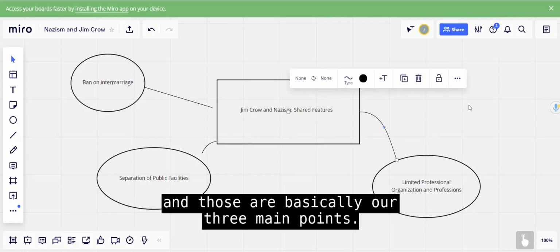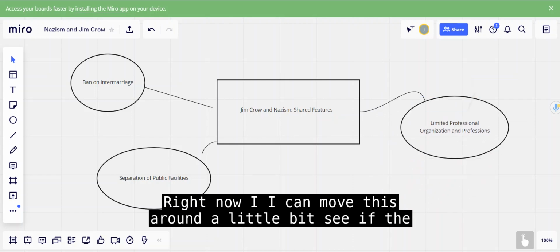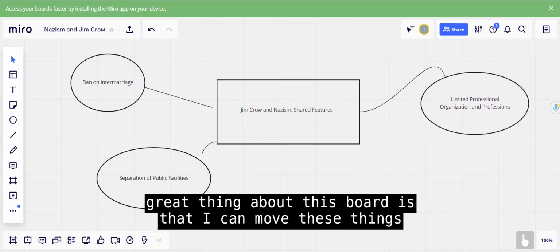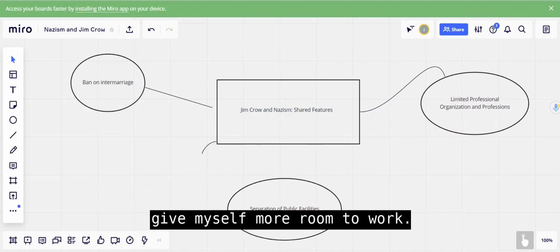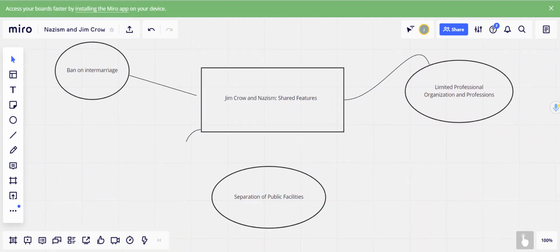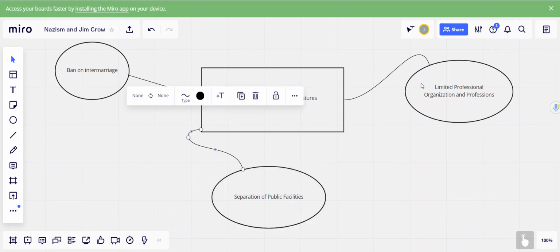And those are basically our three main points. Now, I can move this around a little. The great thing about this board is that I can move these things around and give myself more room to work.